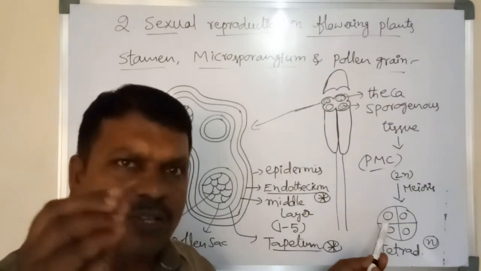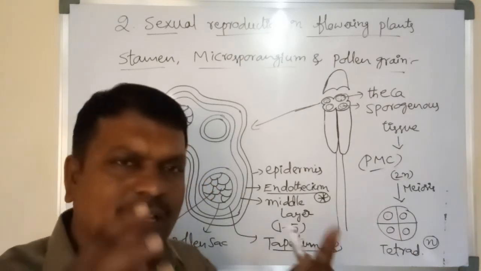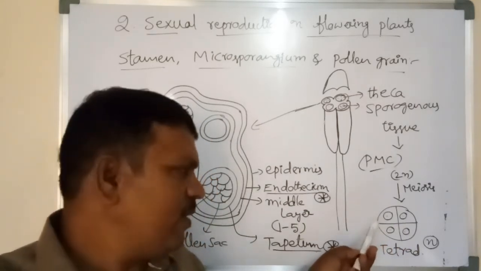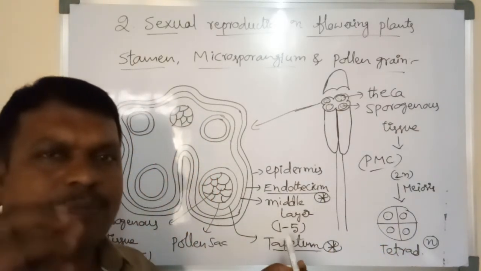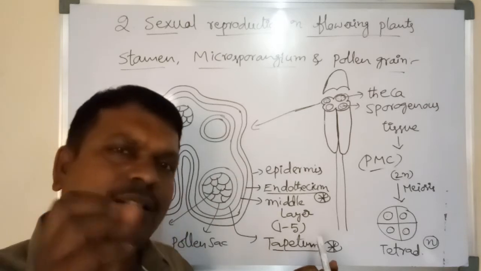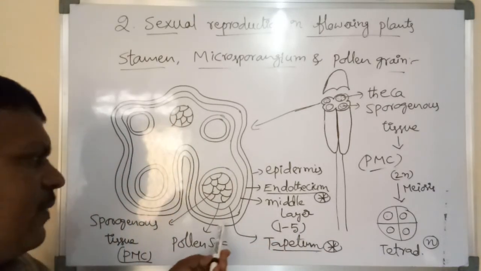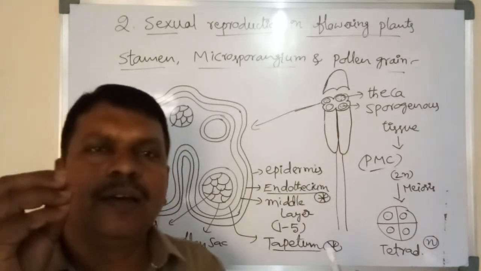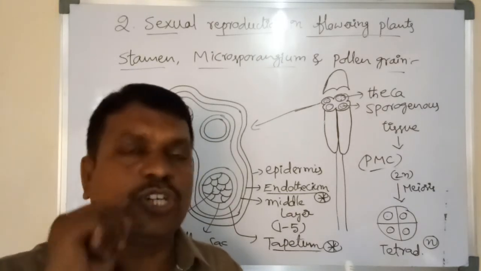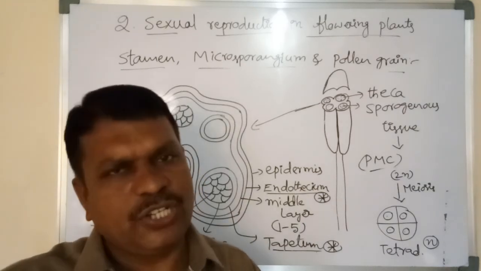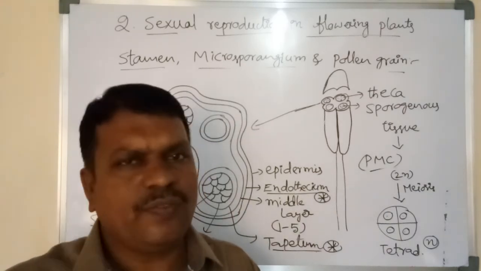With the help of callose tissue, all four microspores are attached with each other. So callose tissue comes from tapetum. That's all. Understood now? Next, tapetum nourishes sporogenous tissue. It provides all types of nutrients for growing sporogenous tissue. That is the major function of tapetum.